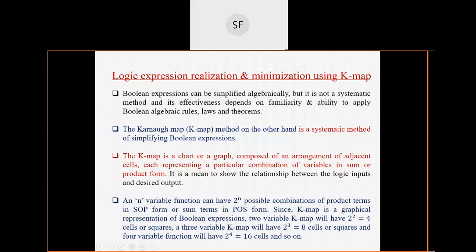I have already told you why we need to minimize any Boolean expression: if you do not minimize that expression, then the number of gates, that means the resources, will be more.